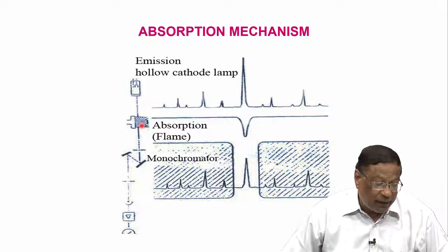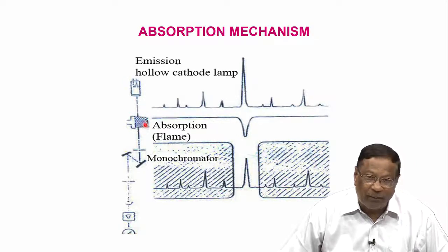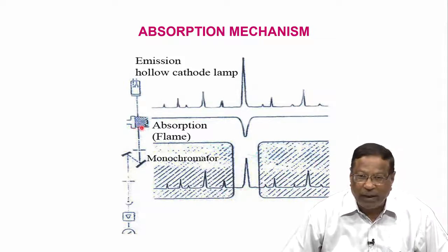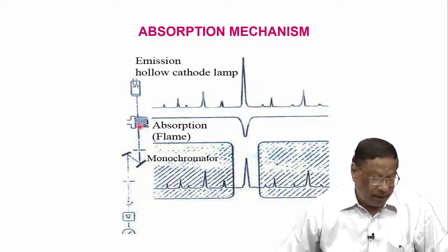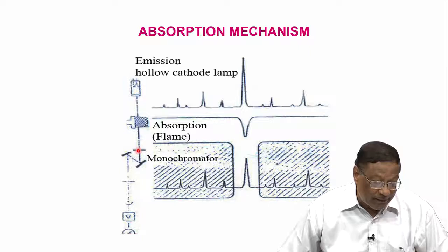I have shown it through a blue line, and through the flame the radiation is coming down, and this radiation apart from hollow cathode lamp also contains radiation from the flame of other elements, maybe from the flame molecular absorptions CH, NH and other cyanogen radicals, etc. All those radiations are coming.